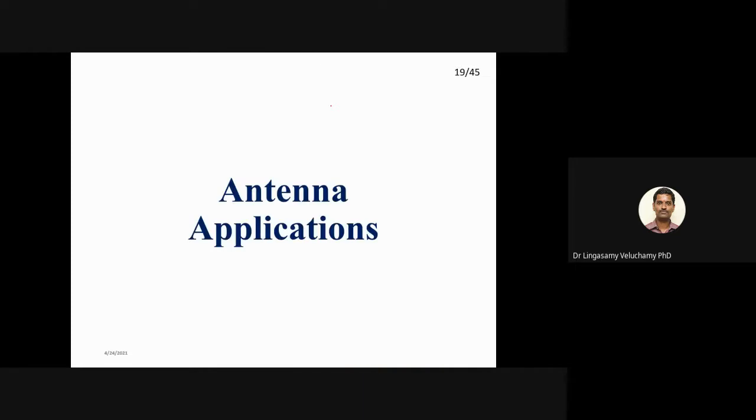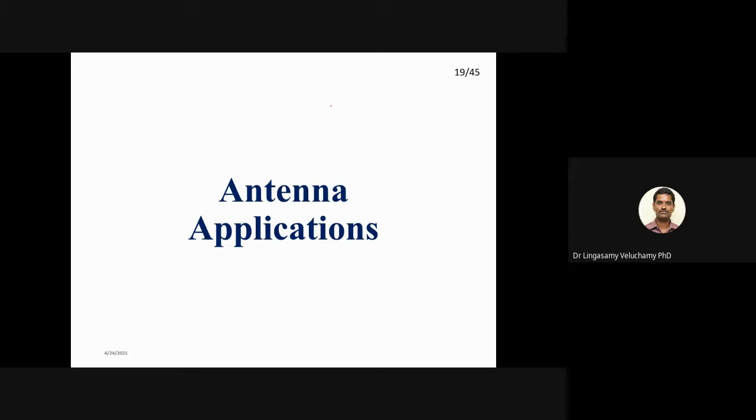Before we move on, we are in the 5G era, so we'll briefly discuss 5G in one or two slides. Compared to 4G, 3G or 2G, we find several applications for antennas, because 5G integrates many applications.